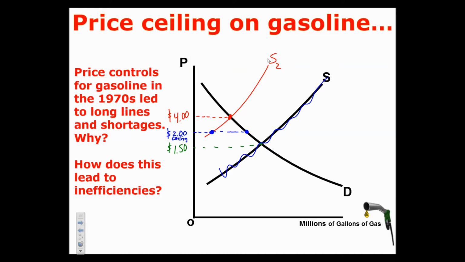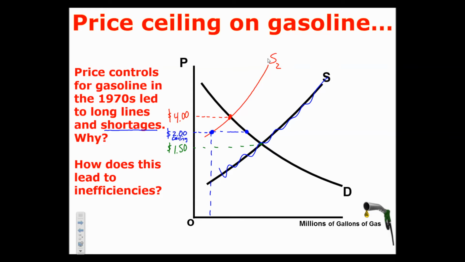Therefore the price can only be $2. Now, I told you at the beginning that ceilings and floors create inefficiencies. Why did they create inefficiencies? Well, let me answer that in a second. First, this policy ended up creating shortages. I'll demonstrate why. At the $2 price, not every business can afford to sell.